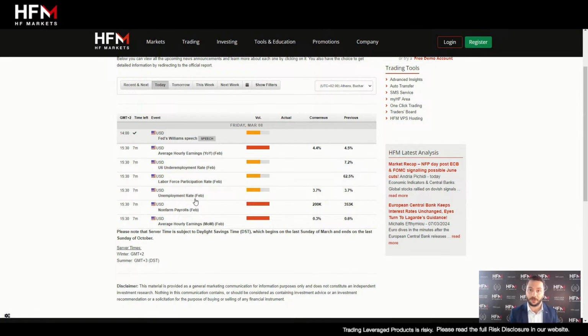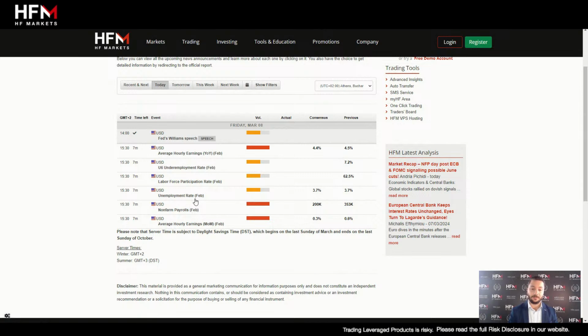There's not been a lot of volatility for quite a few months now with the unemployment rate. It's actually remained at that 3.7% mark consecutively, month over month, for quite a while now. So this is why it's deemed to be medium volatility.